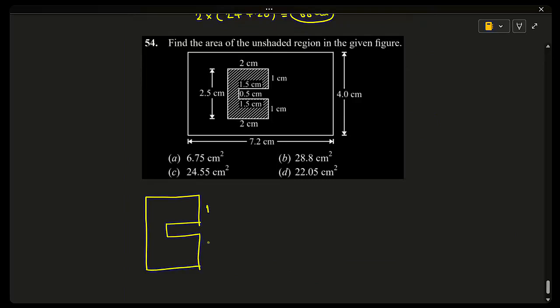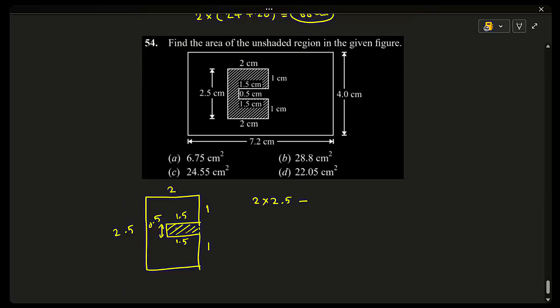So this is 1, this is 1, this is 2, this is 2.5, this is 1.5, and this small one here is 0.5, and this is 1.5. Okay, we want to find the area of this. So let us complete this and subtract this small region to get that. First the total rectangle area, length into breadth, that is 2 into 2.5.